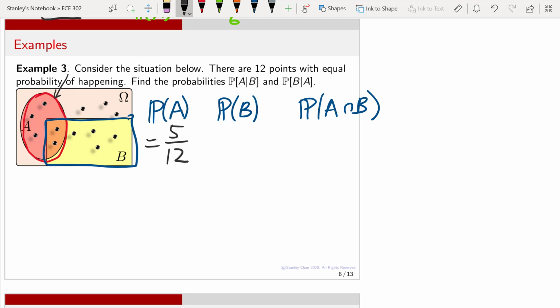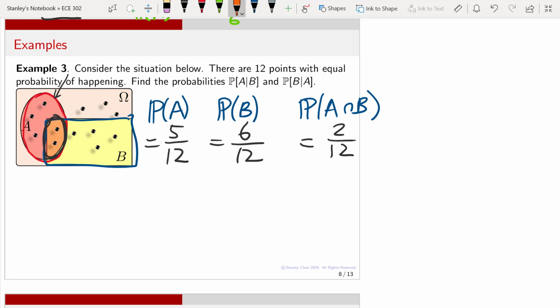The probability of B, we can count again. We count 1, 2, 3, 4, 5, 6. So there are 6 numbers out of 12. So this is the probability of B. What is the probability of A intersect with B? Well, there are only 2 dots that are living inside this intersection here. Okay, so you have 2/12.